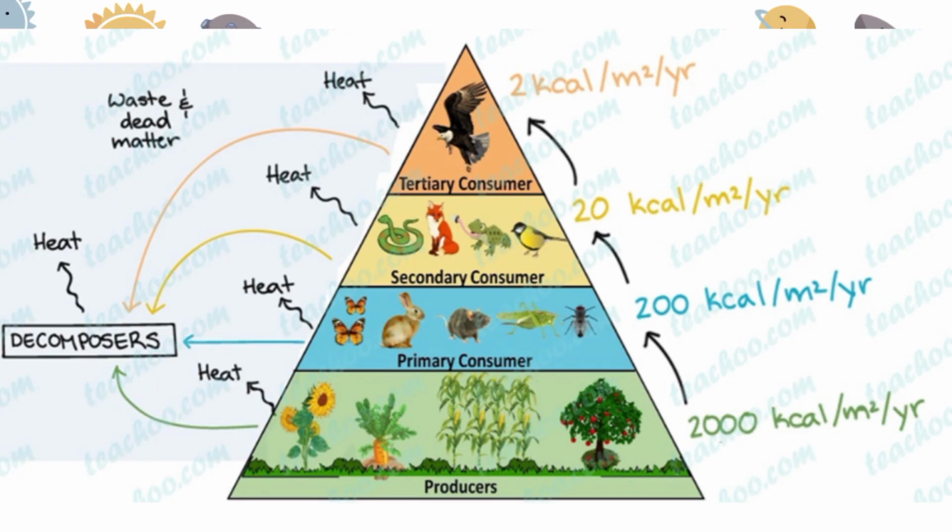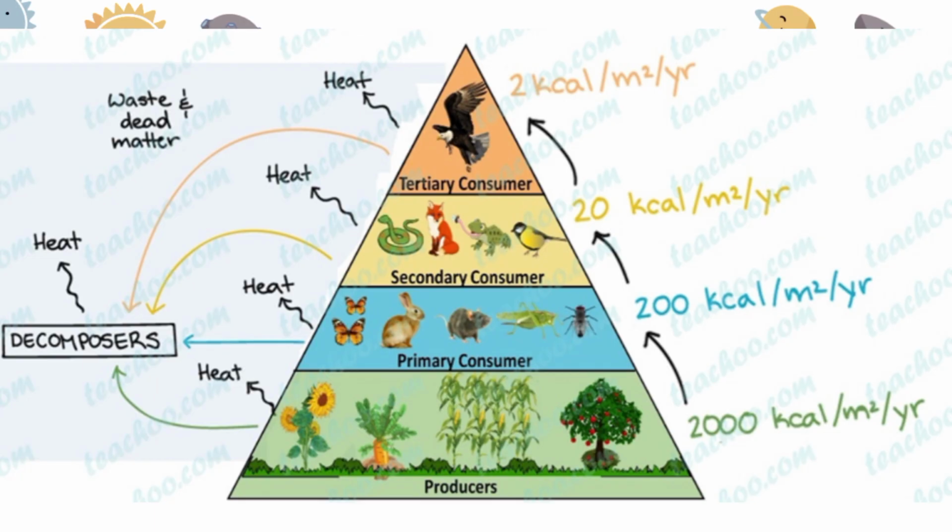Now, the primary consumer transfers only about 20 kilocalorie to the secondary consumers. Now, the secondary consumer transfers only about 2 kilocalorie to the tertiary consumers.